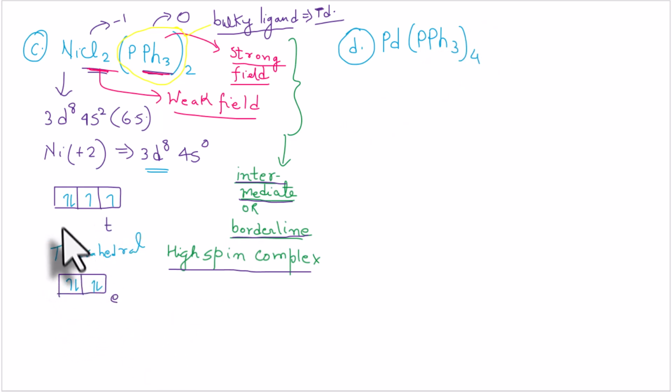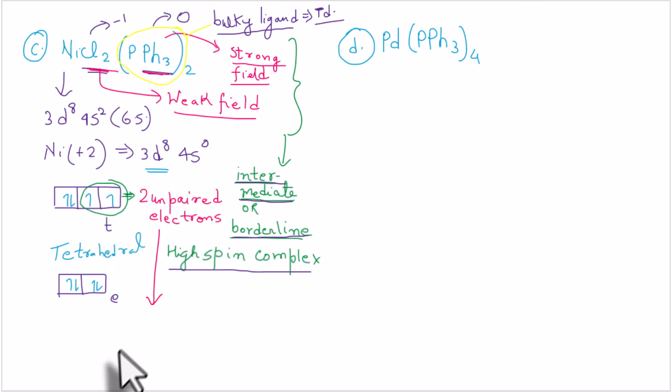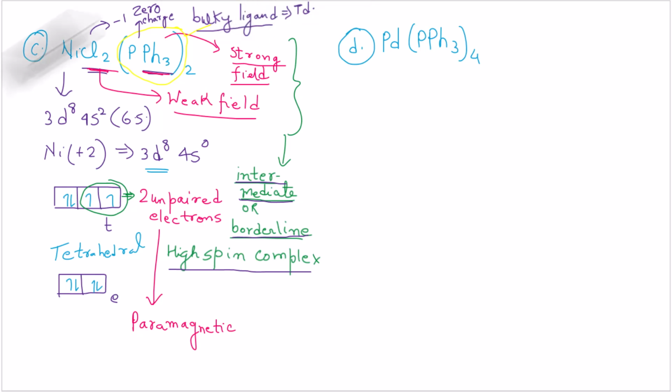And we fill the 8 electrons, whereby we can see here that the e orbital is completely occupied while the t2 orbital has 2 unpaired electrons. And the presence of these 2 unpaired electrons makes this nickel complex a paramagnetic complex. So the characteristic of this nickel complex is tetrahedral geometry and paramagnetic character.